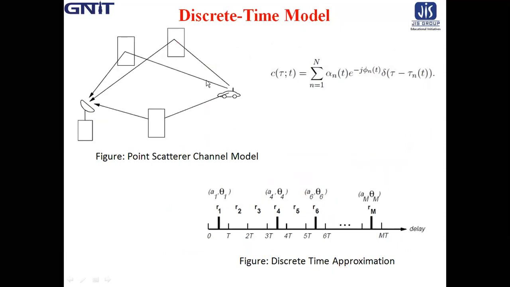Now, the discrete time model. Often, the time varying impulse response channel model is too complex for a simple analysis. In this case, a discrete time approximation for the wideband multipath channel can be used.